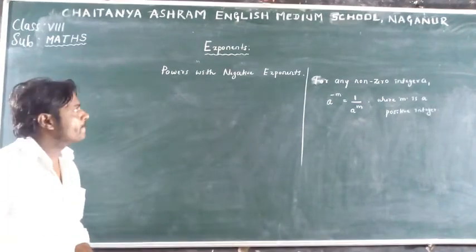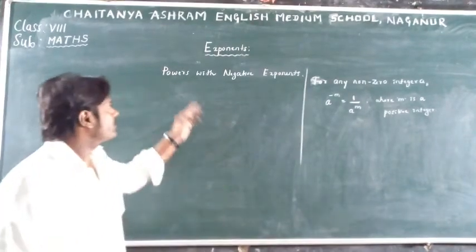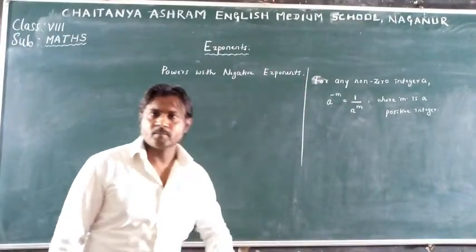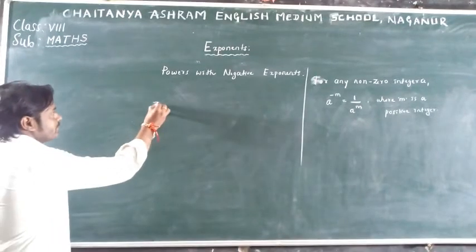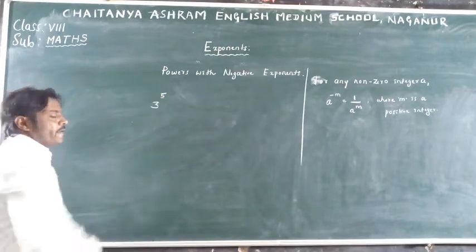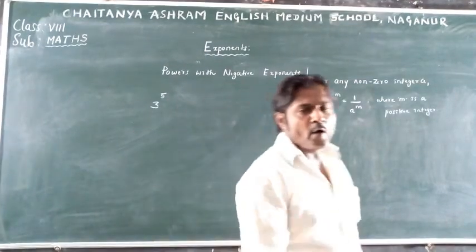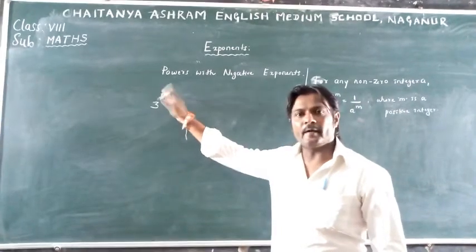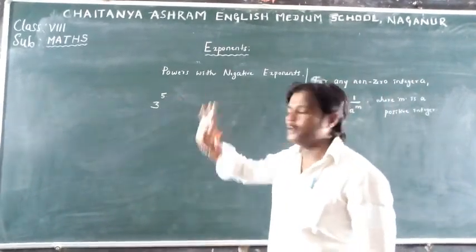So today we are going to learn powers with negative exponents. Dear children, observe, 3^5 is an exponential number. How to read this exponential number? 3 raised to the power 5, or simply 3 to the power 5.